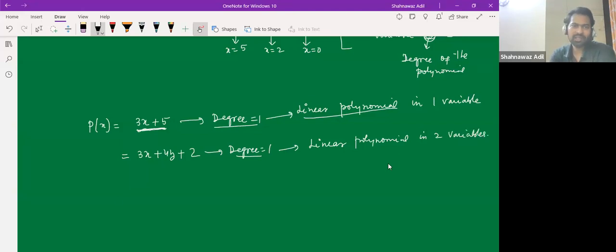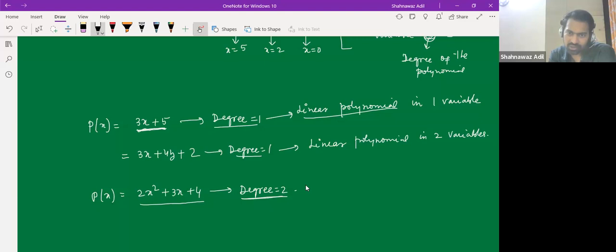Similarly, if I have a polynomial like 2x square plus 3x plus 4, what is the degree of this polynomial? 2, sir. Absolutely right. So degree is 2, and whenever we have degree 2, this is called a quadratic polynomial.